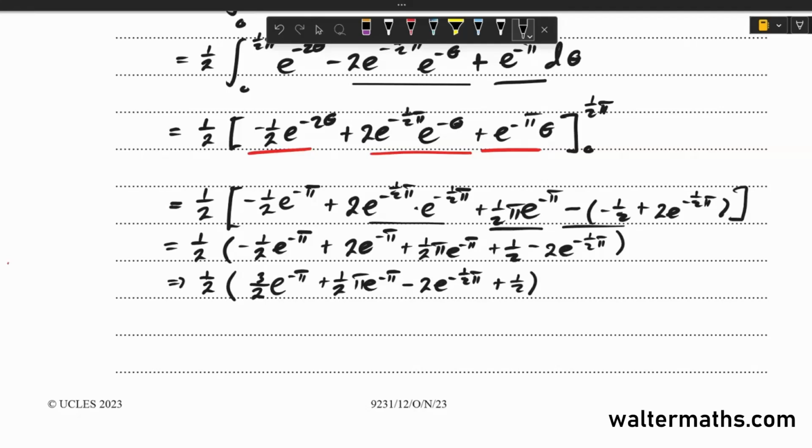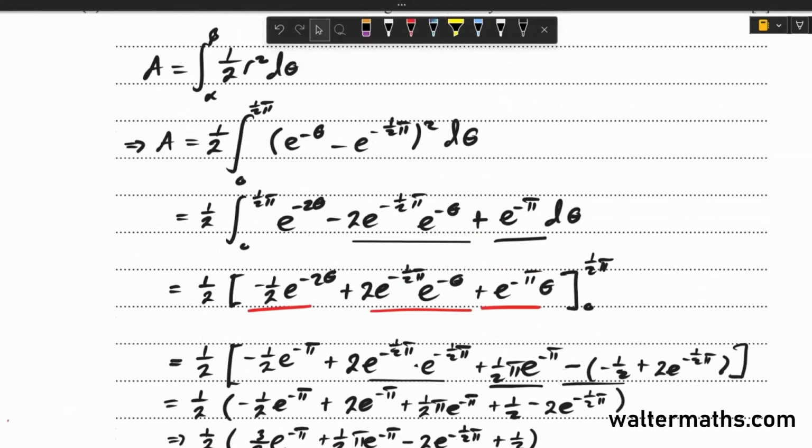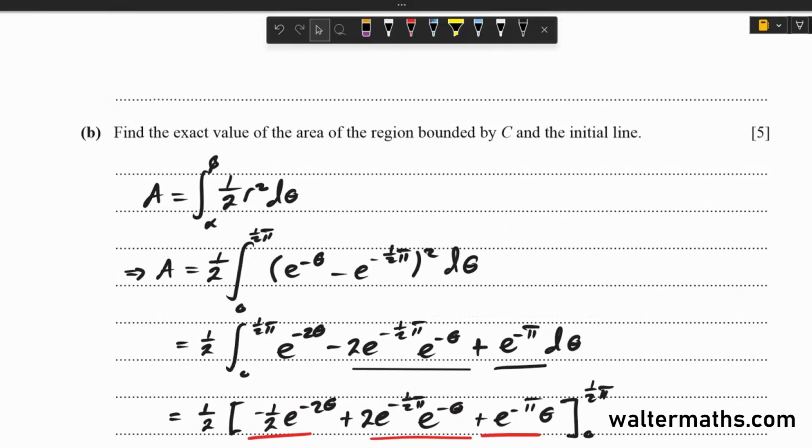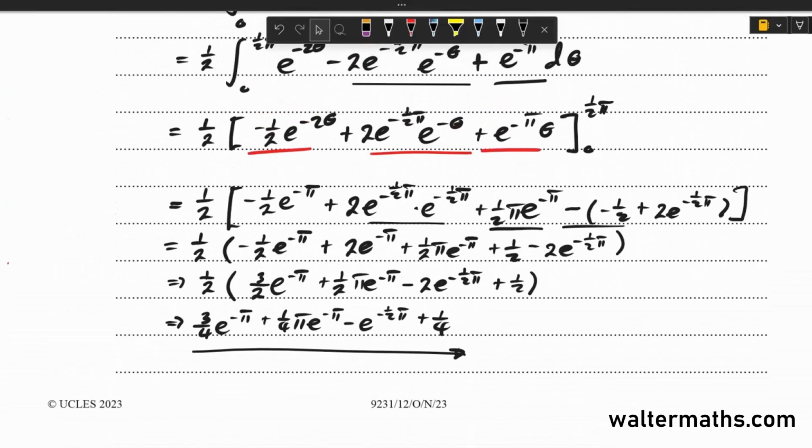All right. And I'm going to multiply into the bracket to get 3 over 4 e to the minus pi plus a quarter pi of e to the minus pi minus e to the minus half pi plus a quarter, which is the exact answer. All right. Here that said we should find the exact value. So this is the exact value of the area that we've gotten here.